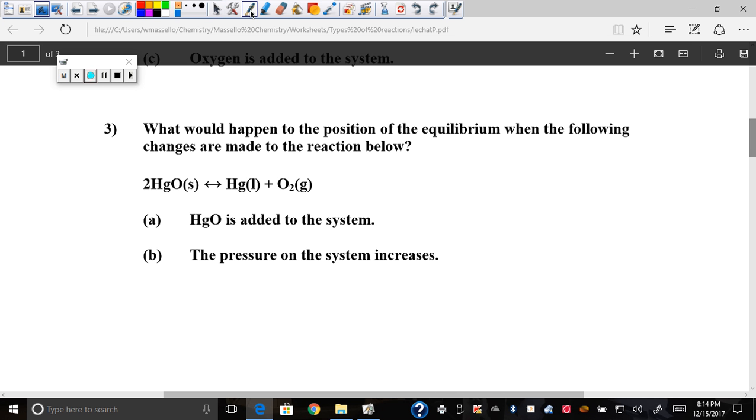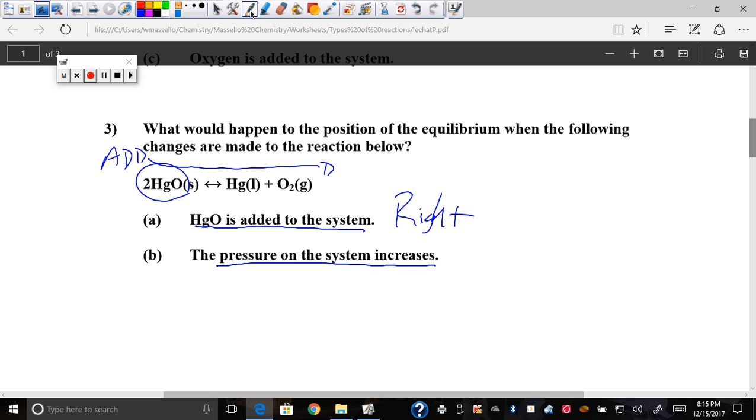What would happen to the position of the equilibrium when the following changes are made to the reaction? Okay, if the HCl is added to the system, so that means we add this stuff here, everything shifts to the right. It would shift to the right. The pressure on the system is increased.